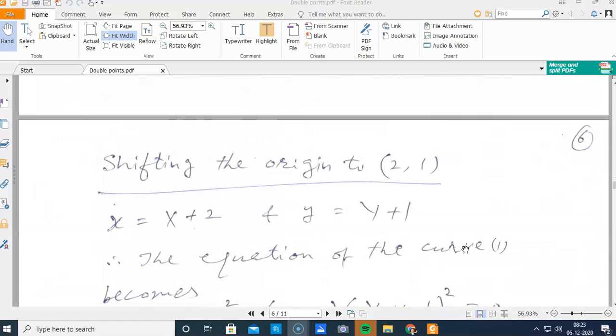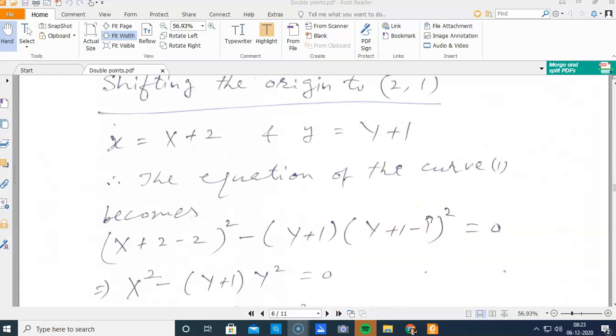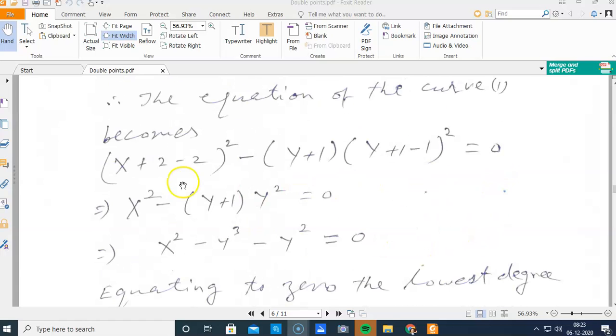Now what we do after this: shift the origin to this double point by the transformation x equal to capital X plus 2 and y equal to capital Y plus 1. The equation 1 therefore becomes like this, and after putting these values and solving, we get X square minus Y cube minus Y equal to 0.